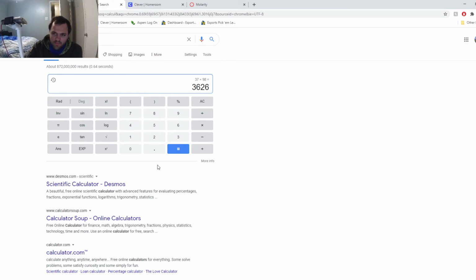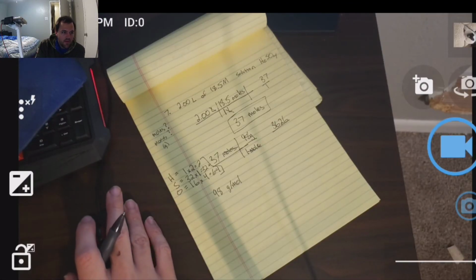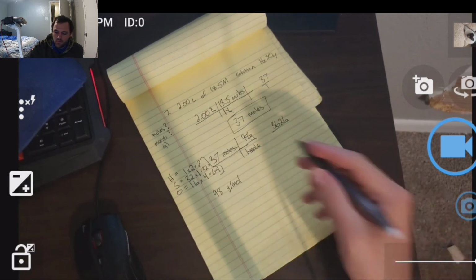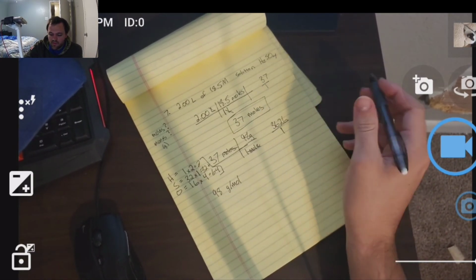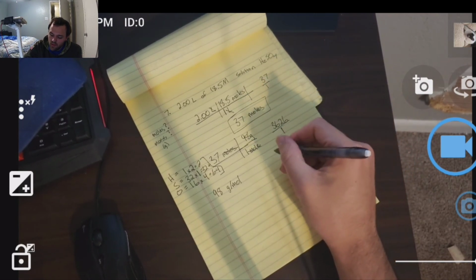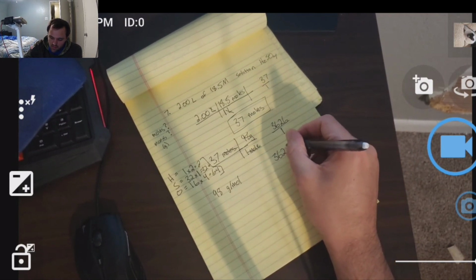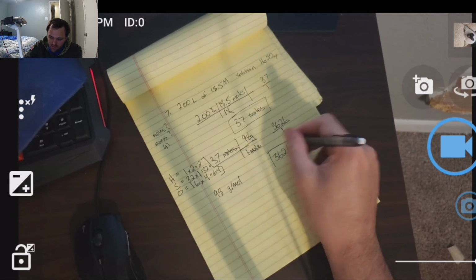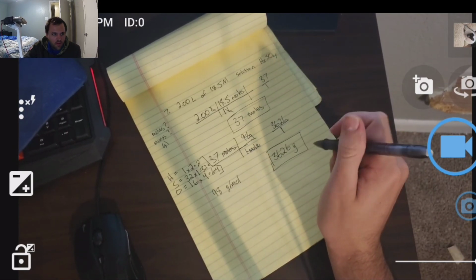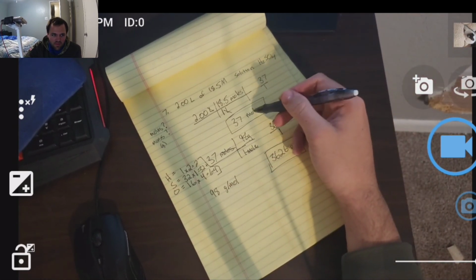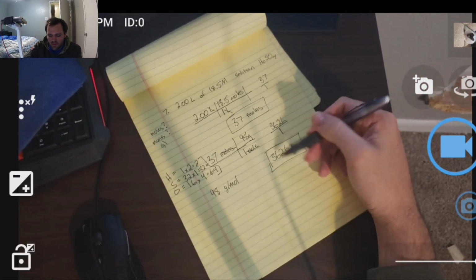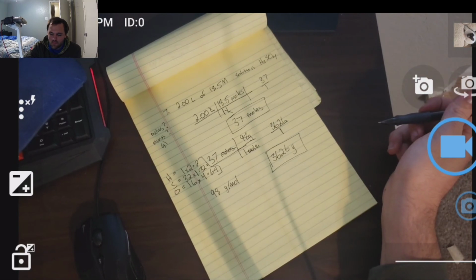And then the bottom is just 1. Right? So just 1. Divide anything by 1, it stays the same. So your answer here would be 3,626 grams. So for this problem, 2 answers are, you have 37 moles, which is equal to 3,626 grams.